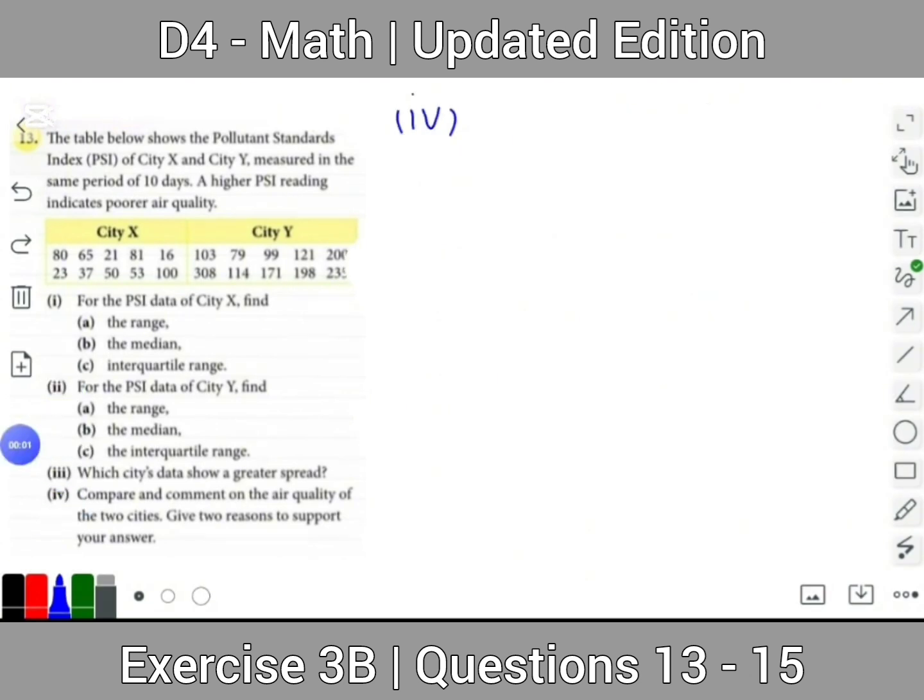In part 4, compare and comment on the air quality of two cities. Give two reasons to support your answer.